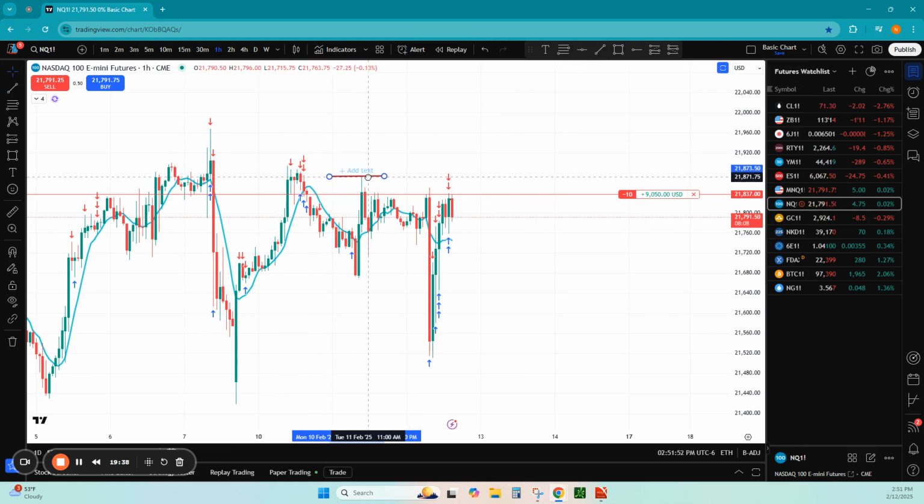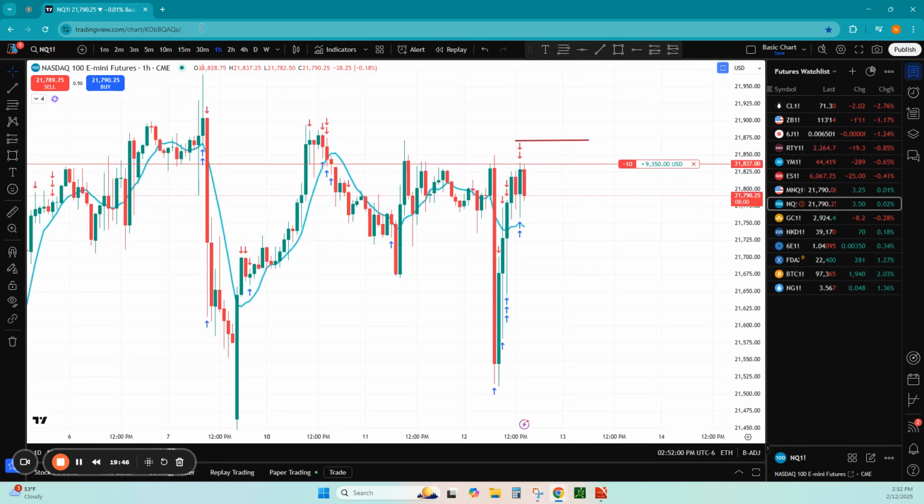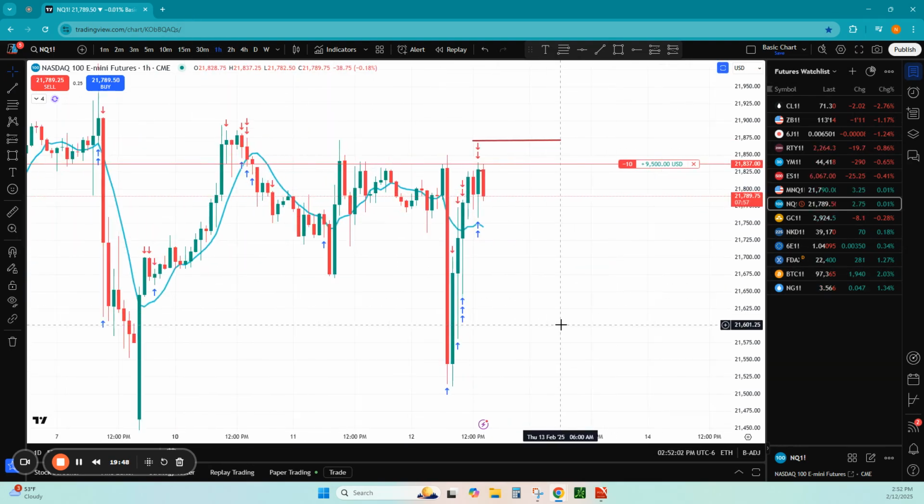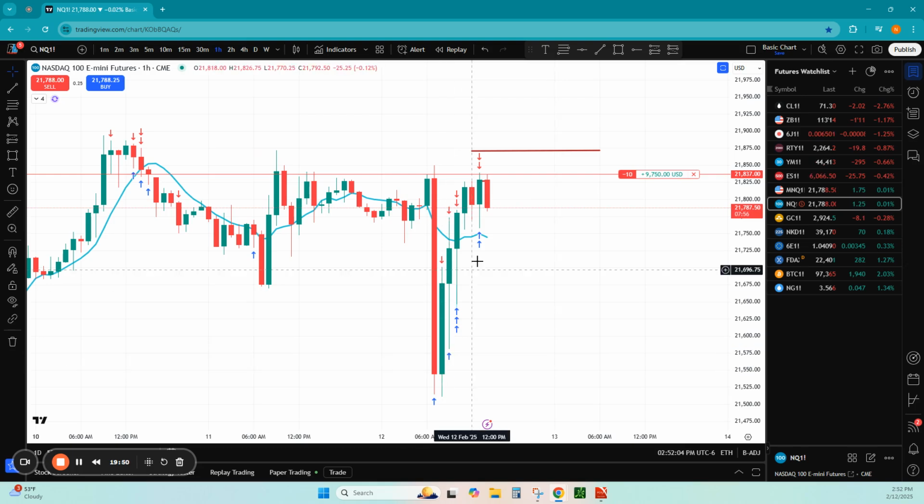High, lower high, lower high, lower high. That's interesting. This is an hourly chart, 1 hour. We are trading above the 8-period moving average, but look at how we're coming in here.